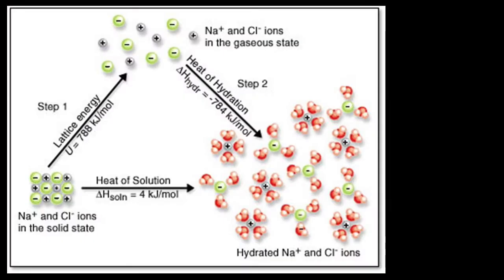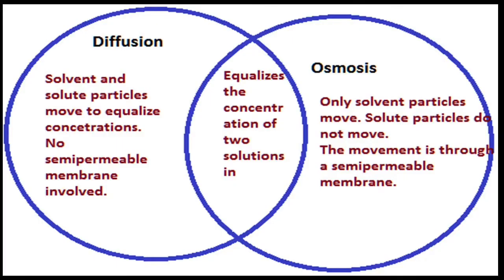Here is a relationship which looks at changes of energy, lattice energy, heat of hydration, heat of solution. Very important in the study of thermodynamics, where you have, is the overall reaction going to be exothermic or endothermic, and why, when you sum the reactions, and can you sum the reactions.